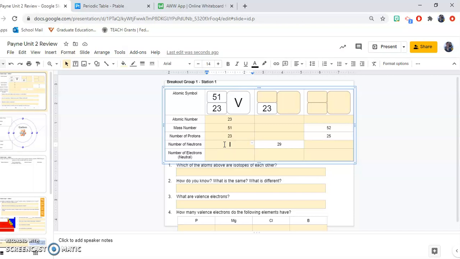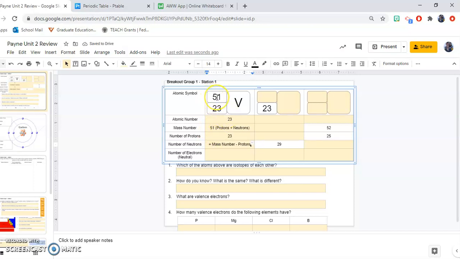We know that our mass number is 51. We know that the mass number consists of protons plus neutrons. So when we look at the number of neutrons, we have to know that the number of neutrons is going to be equal to the mass number minus the protons.